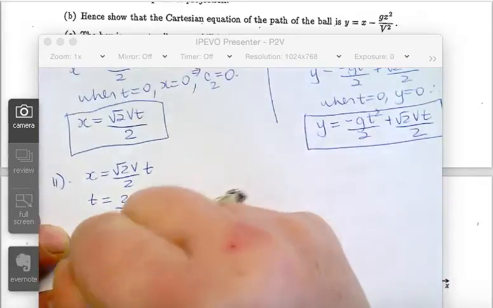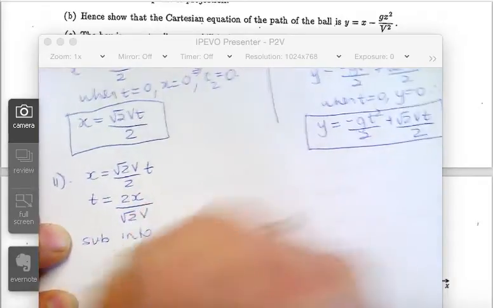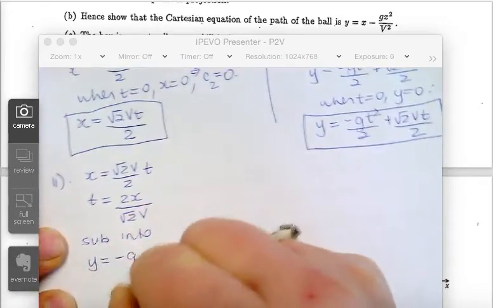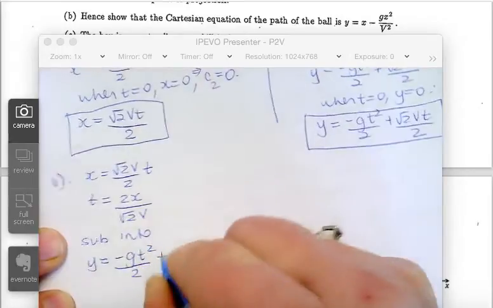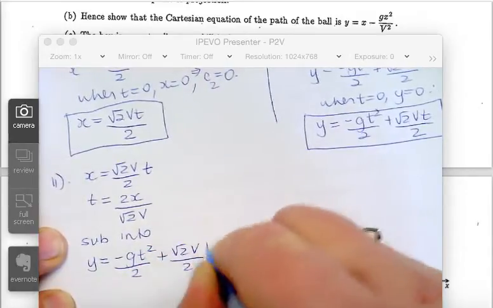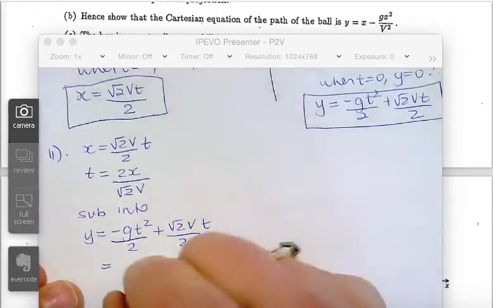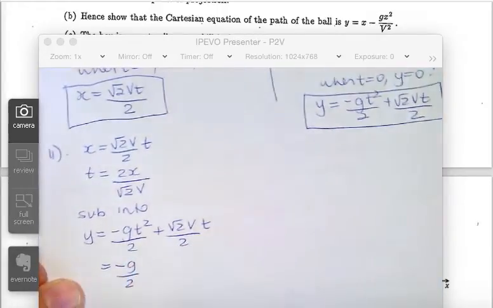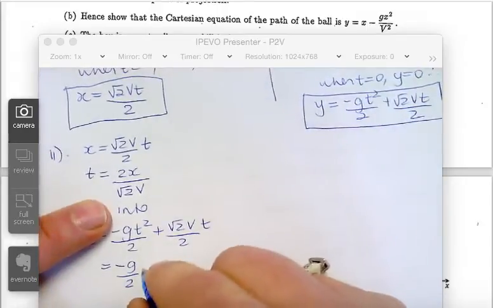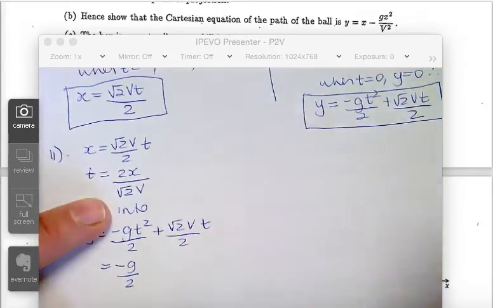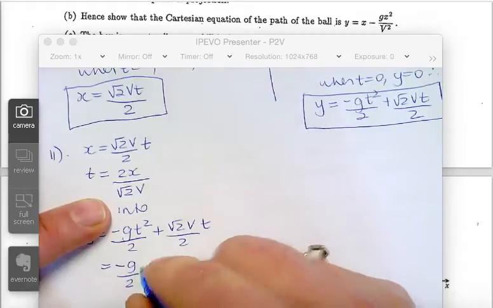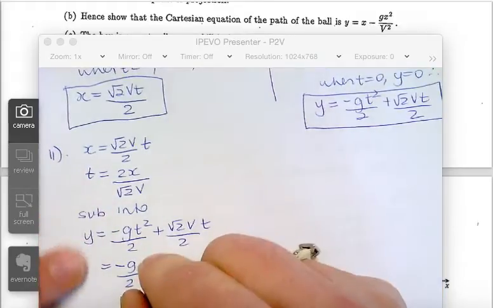Then we sub into y equals negative gt squared on 2 plus root 2v on 2 t. Now I like to write down everything else apart from the t and then put the t in. You can square it straight away if you want, or you can just write it out.